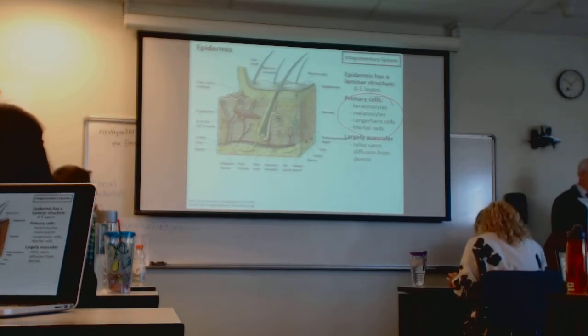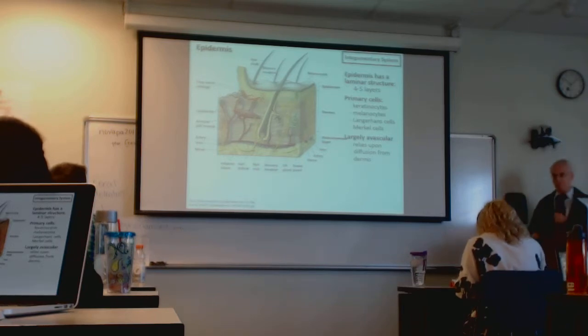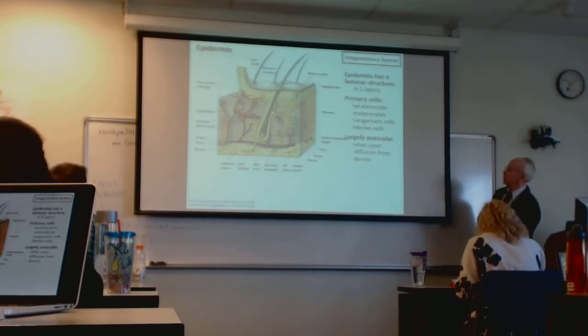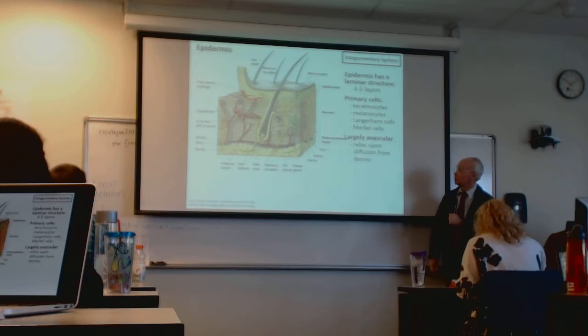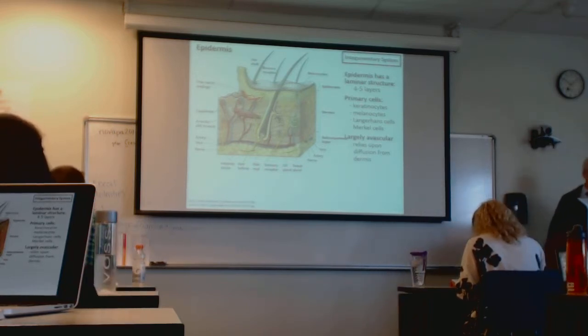There are melanocytes that reside deeper in the epidermis, in this region down here, toward what we call the basal layer of the epidermis. And as the term suggests, they play an important role in conferring skin pigmentation. We'll talk about that.